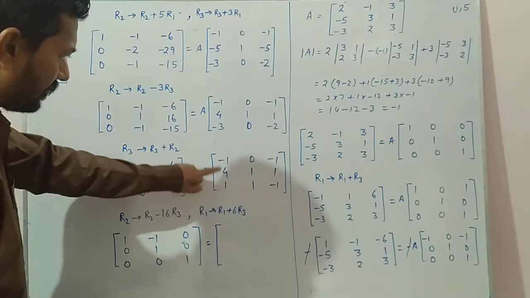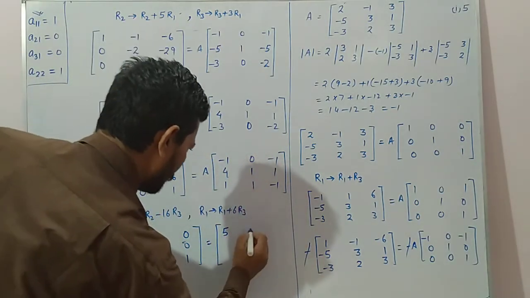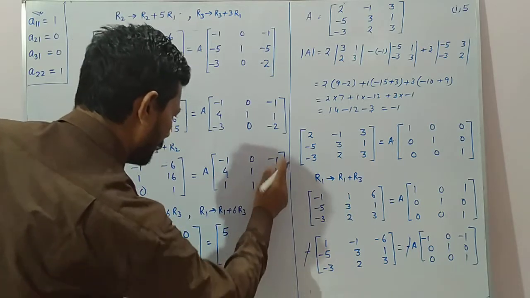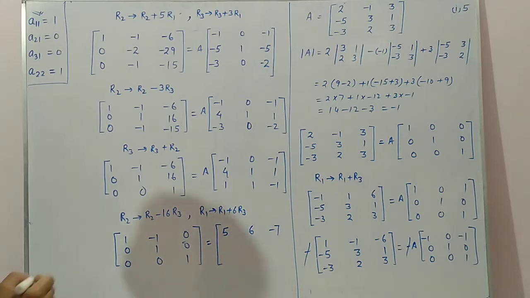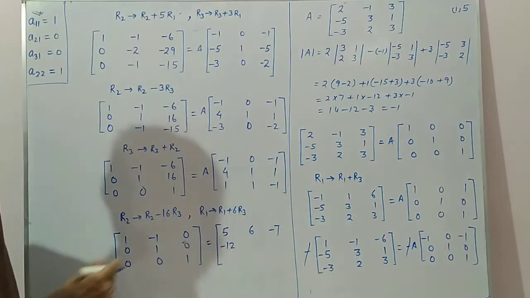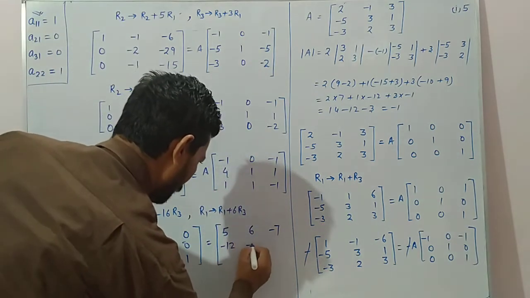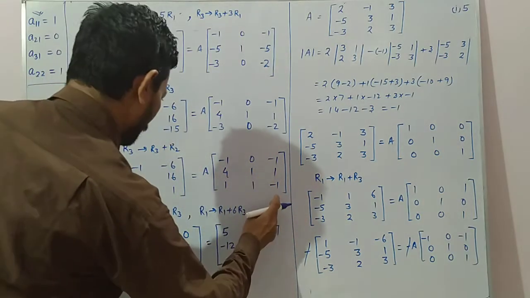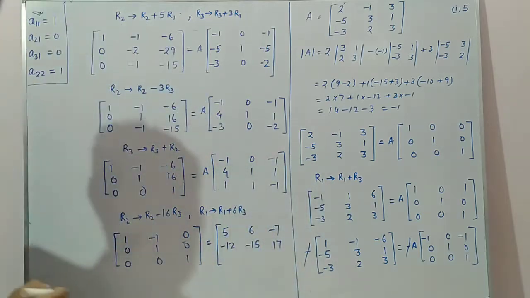R1 plus 6 R3, that is 5, 6. R1 plus 6 R3, that is minus 7. Okay. R2 minus 16 R3, that is minus 12, minus 15, 17.